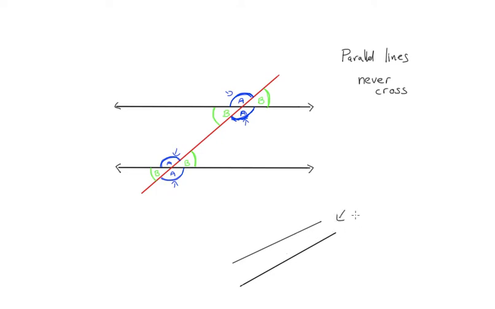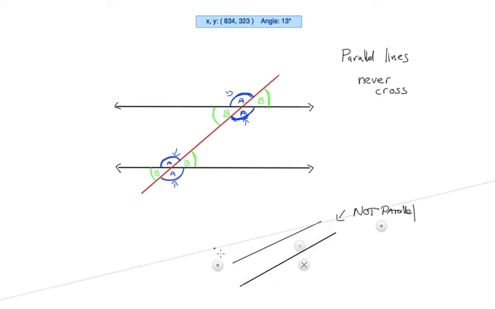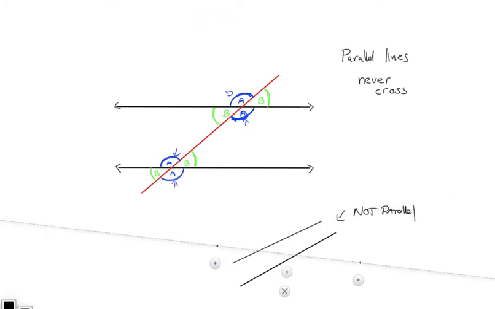These two lines are not parallel. Eventually, these two lines will cross each other. They look kind of parallel, but they're not. And so if I had my ruler again, and I drew a line going through these two lines, and I'll use a different color pen. I do this.